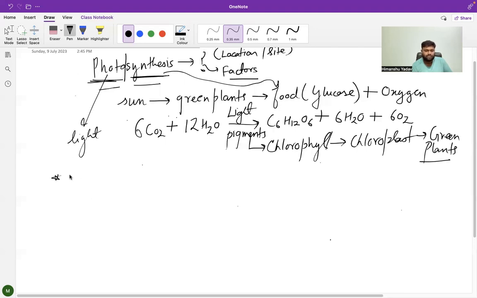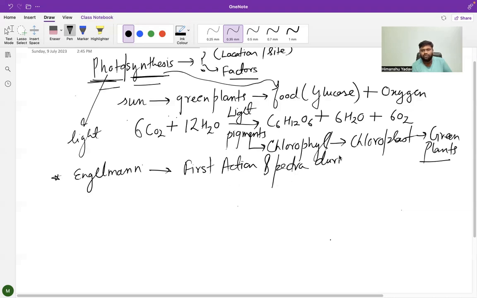What Engelmann did was that the first action spectrum was discovered by him during photosynthesis.